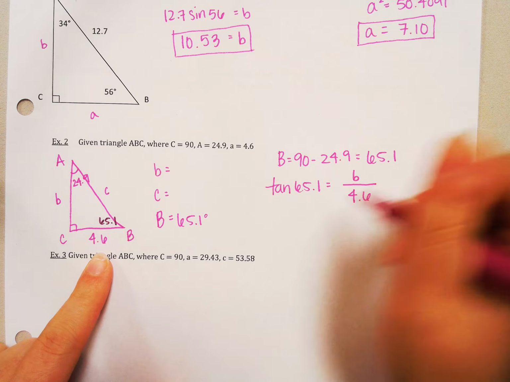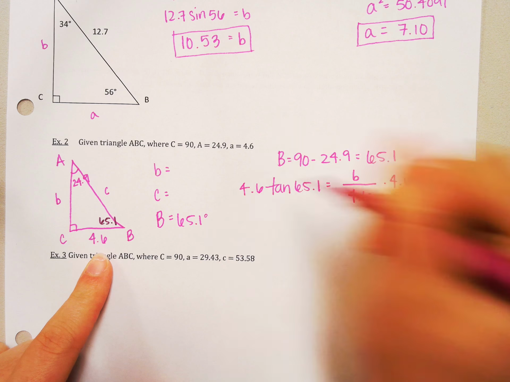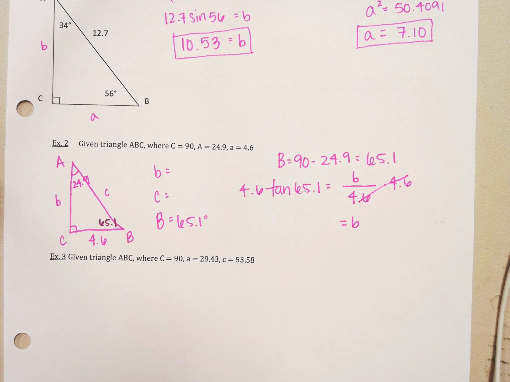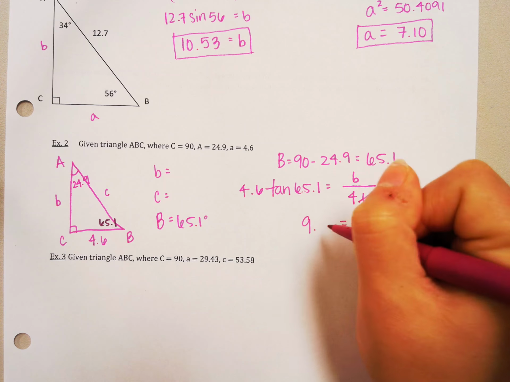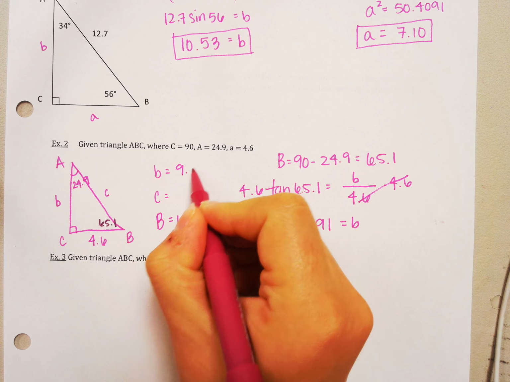And then just like above, to solve for b, we have to multiply by 4.6 on both sides, and then that will give us our answer once we type it into our calculator. 4.6 times tangent of 65.1, and we should get 9.91 approximately for b.